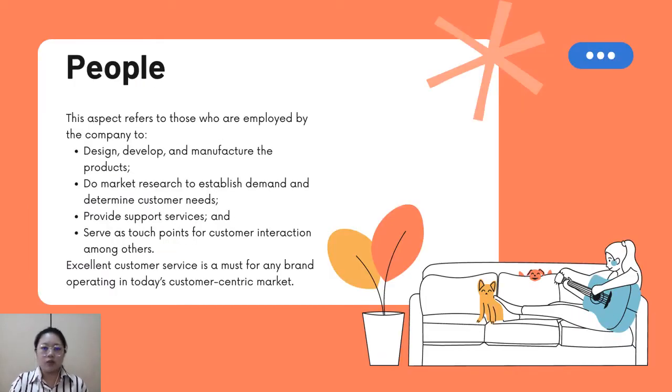These aspects refer to those who are employed by the company to design, develop, and manufacture the products, do marketing research to establish demand and determine customer needs, provide support service, and serve as the touch point for customers, among others.